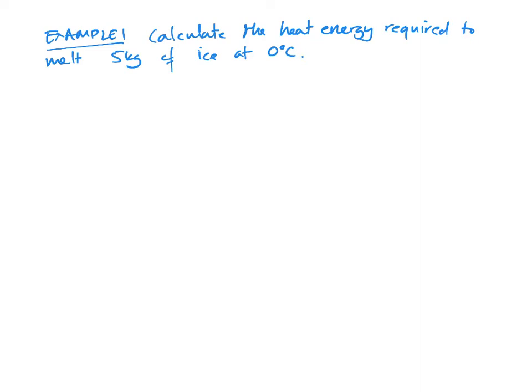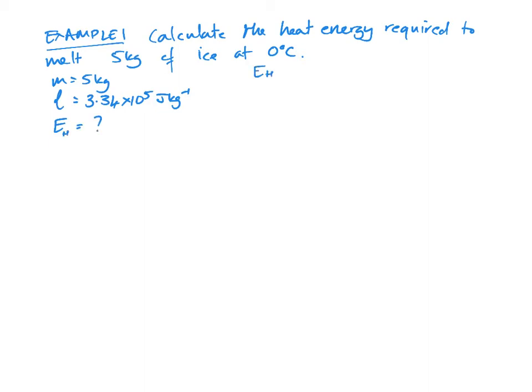So standard problem solving technique, we've got the mass. We don't have L, which is what's going to be involved in this formula as soon as you've identified it's a change of state, but we can get that from a table. And we're being asked E_H.